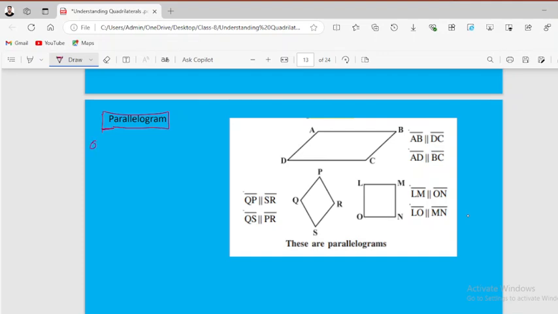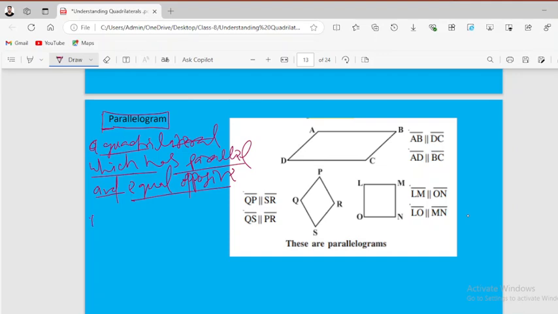A quadrilateral which has parallel and equal opposite sides is called a parallelogram.